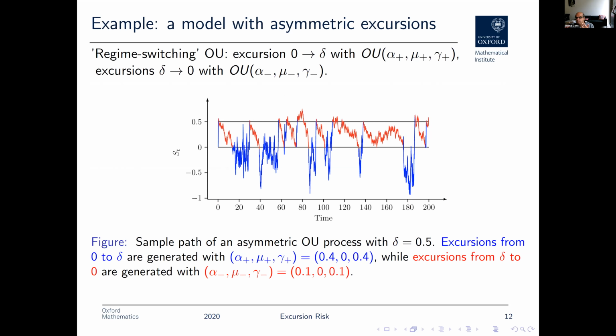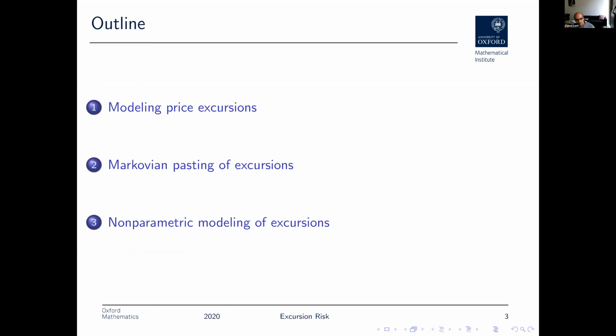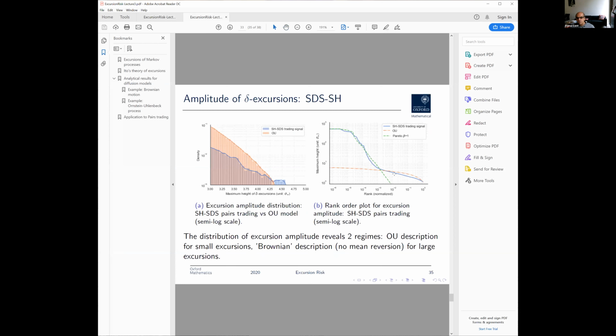Now, this process is already an interesting example because it's related to the data I showed you. The data I showed you shows that there is some asymmetry between the dynamics below some level delta and above the level delta. So for instance, if we look at the graph here that I showed you, it shows that there is a clear breaking point here.